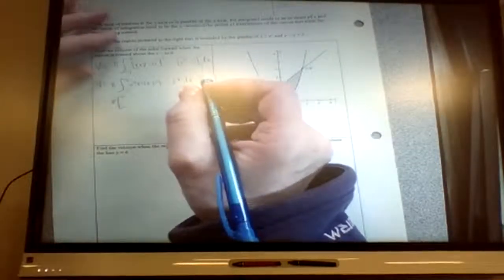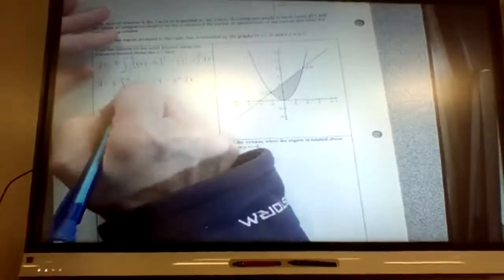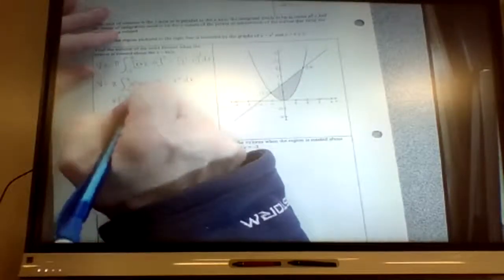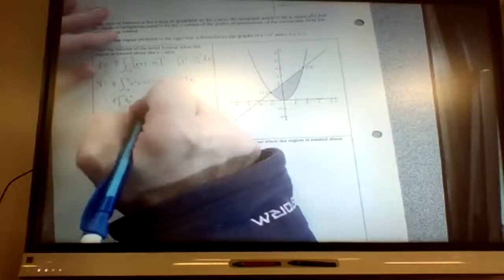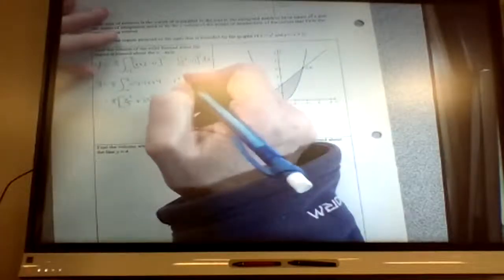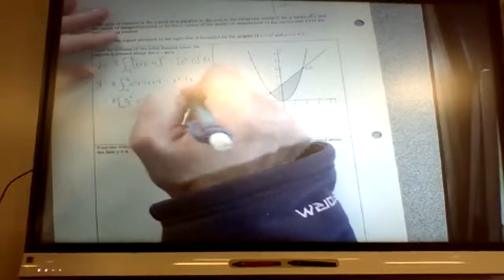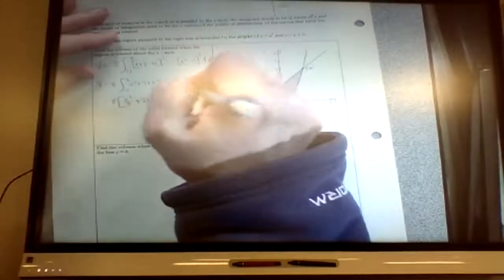All right, so that becomes x cubed over 3 plus 2x squared plus 4x minus x to the 5th over 5, not x, that would be a complete nightmare, from -1 to 2.